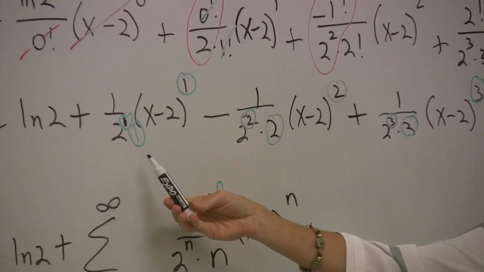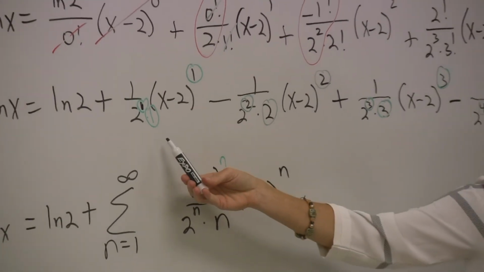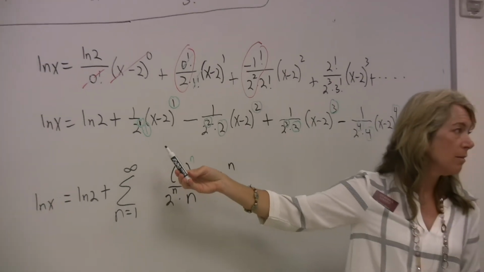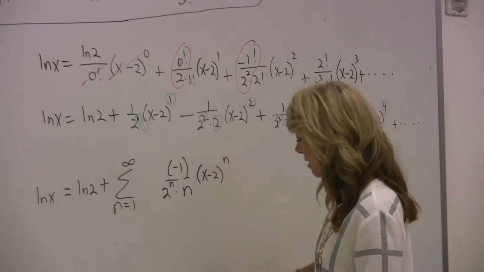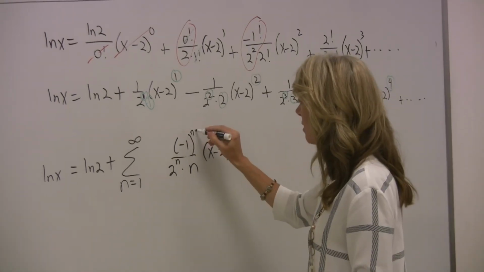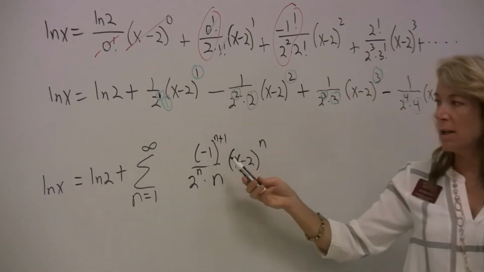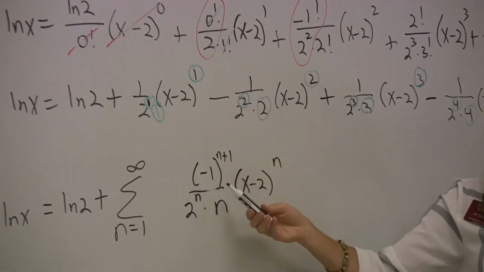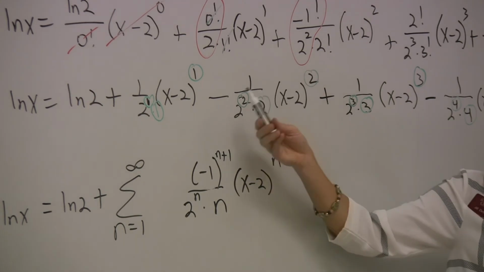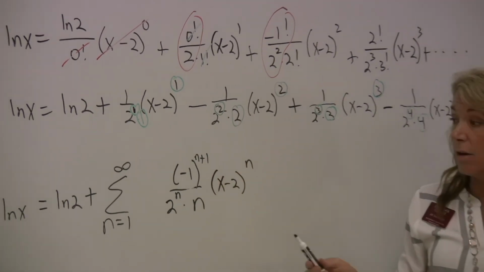Is this term negative? So that n's not correct. So how do I adjust it? Either add 1 or subtract 1, it doesn't really matter. If we make it n plus 1 though, when I plug 1 in there, it will be -1 squared. Now that is positive. And then when I plug 2 in there, it'll be -1 cubed. That will be negative. And that will help me get the alternating.